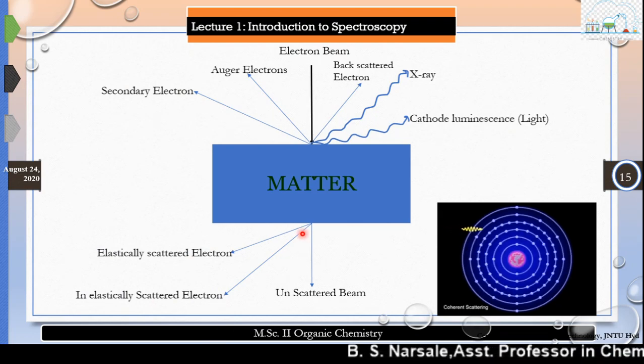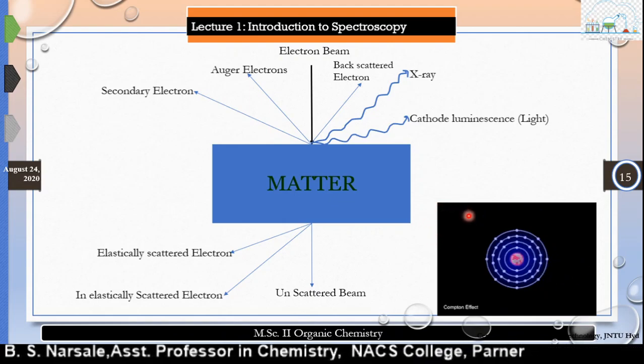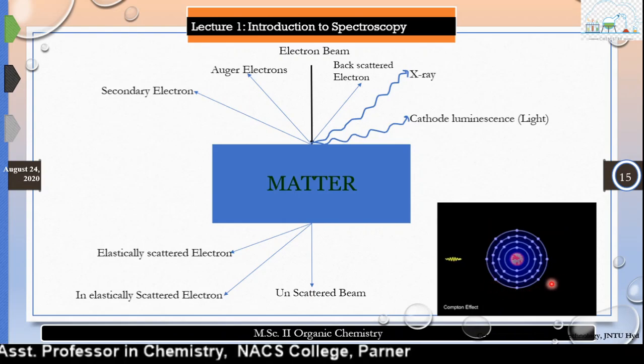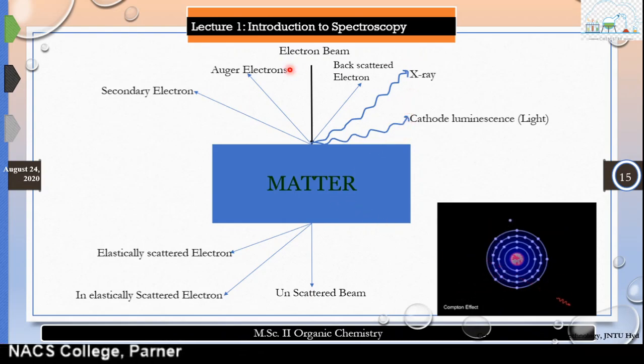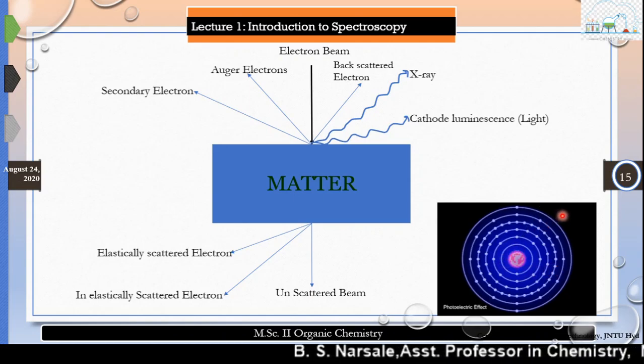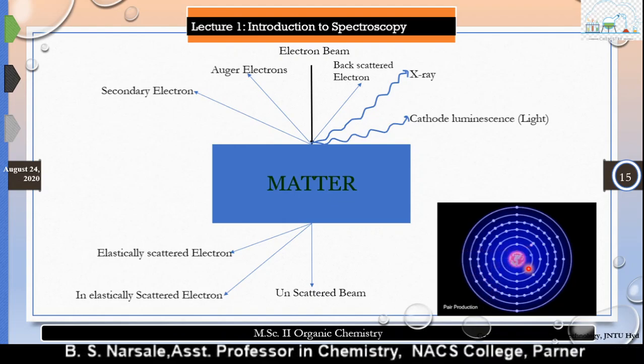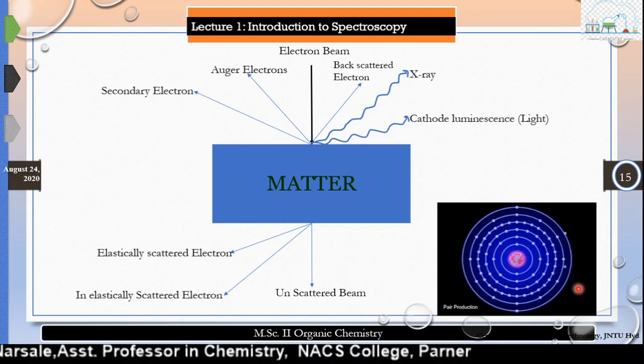Okay, we learn about matter, and when energy strikes matter in the form of radiation, we get different types of spectrum. This is the Compton effect. Look at the photoelectric effect: the radiation strikes and an electron is ejected. In pair production, the radiation strikes and two pairs are formed. In photodisintegration, the radiation strikes and multiple small sub-particles or ions are formed.